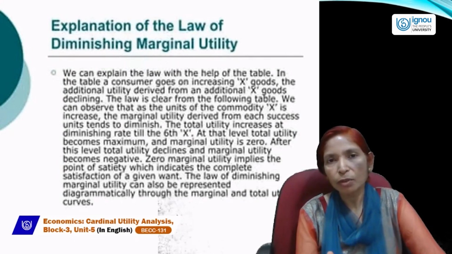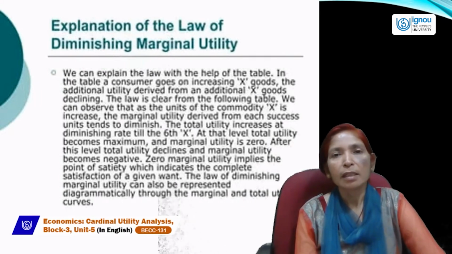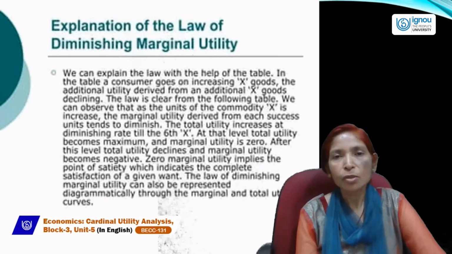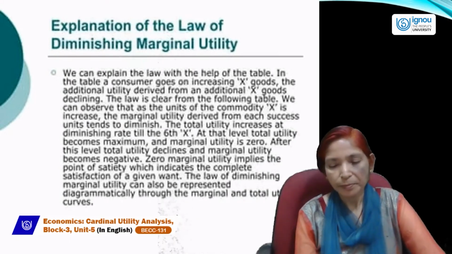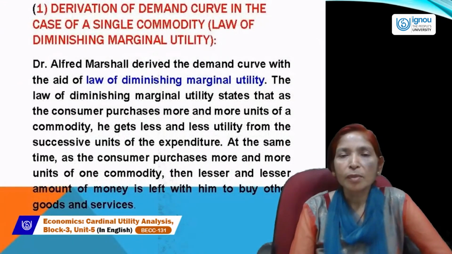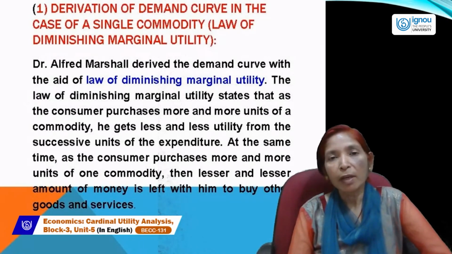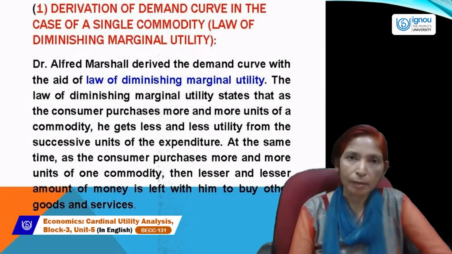You know that the marginal utility curve is always downward sloping. It's a negatively sloped curve which intersects the x-axis and touches the x-axis also. For example, if we consume chapati, if a person is very hungry, then he will eat the first chapati, which will give him maximum satisfaction.